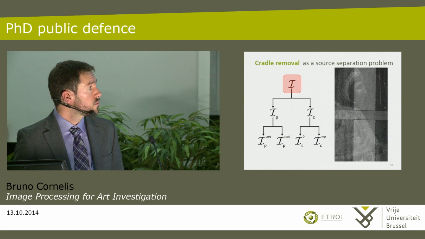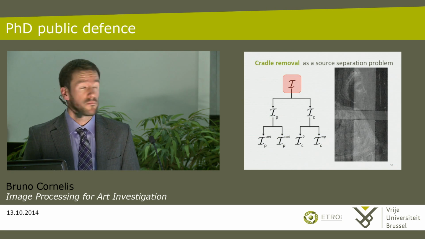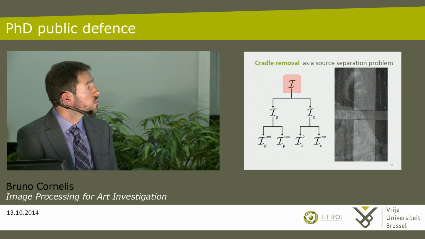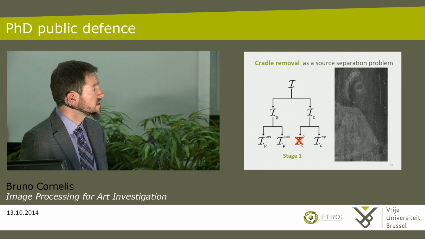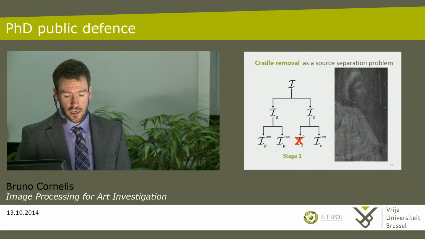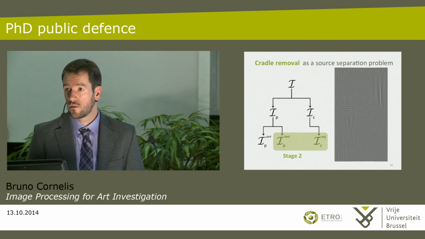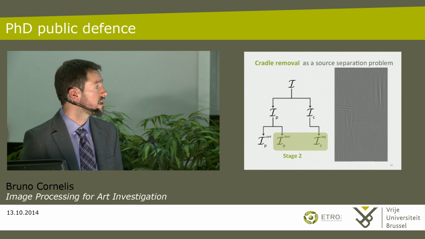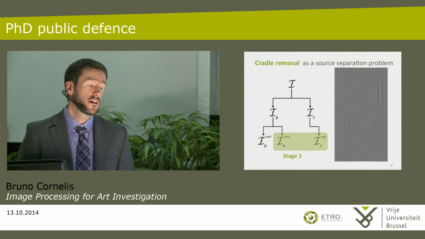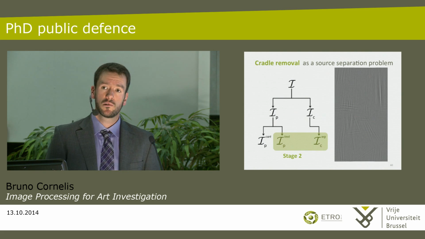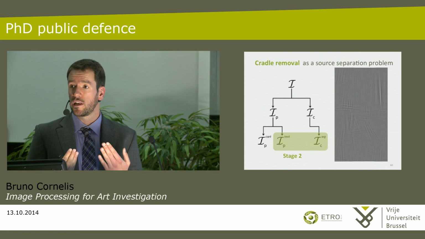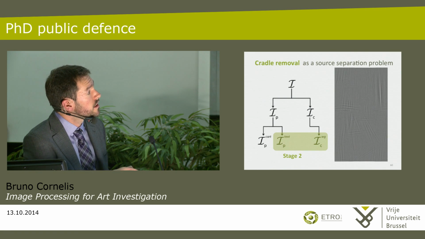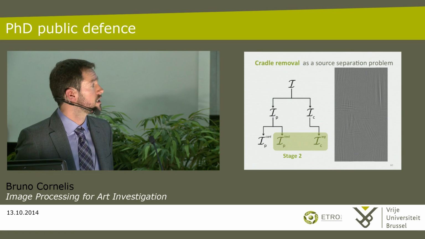So we propose a three-stage approach in order to remove this cradling. We have our original image. In a first stage, we remove this constant intensity shift caused by the cradling. In a second stage, we apply MCA again, this source separation technique. But the problem there is that MCA is not able to make a distinction between the texture from the panel and that from the cradling. So it removes everything, and this is the texture component you see here.